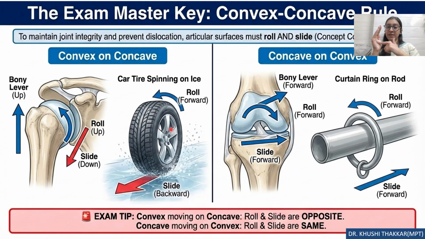Now, when concave moves on convex, roll and slide occur in the same direction. If convex is moving on concave, recollect it: roll and slide occur in the opposite direction. So this is all about the concave and convex rule.